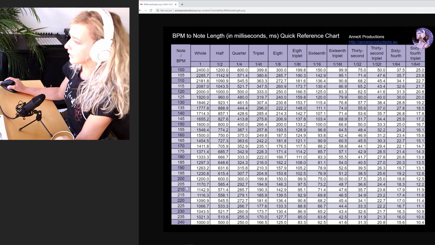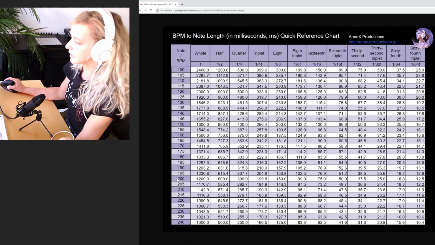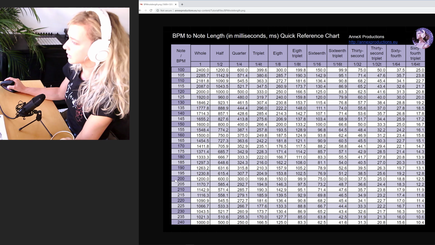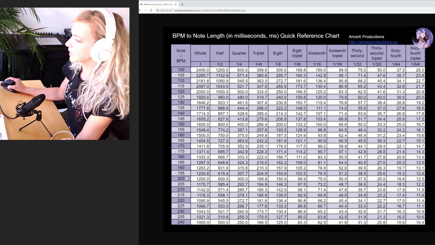So we're working in 200 beats per minute, for instance, for Frenchcore, and we want to make a quarter note. So we go here to 200 beats per minute, and we know it's down here, and then we say, okay, where is this quarter note up here? That's this third column.